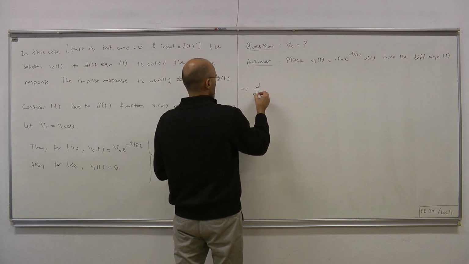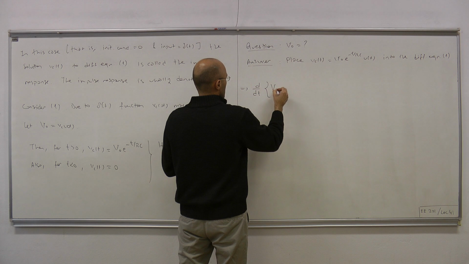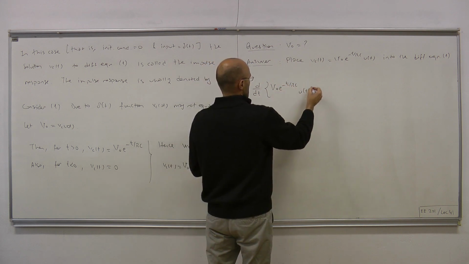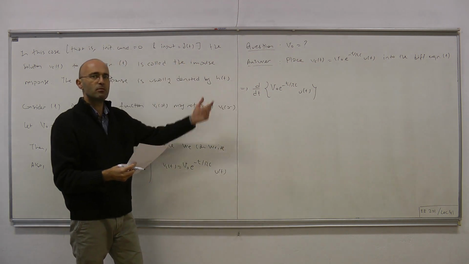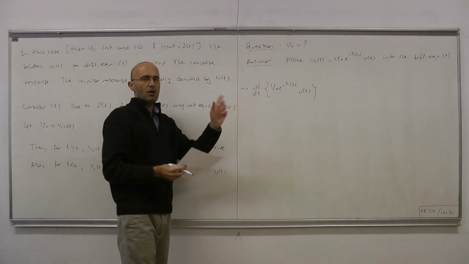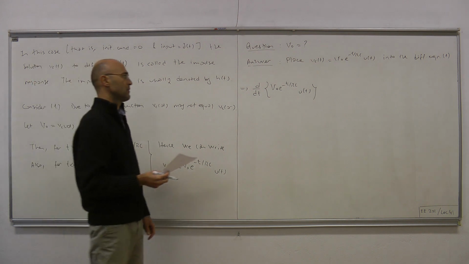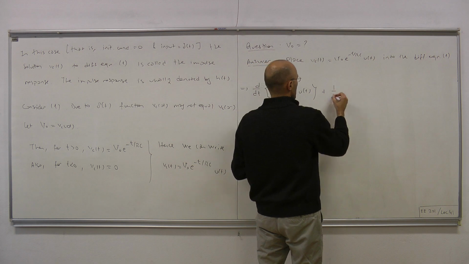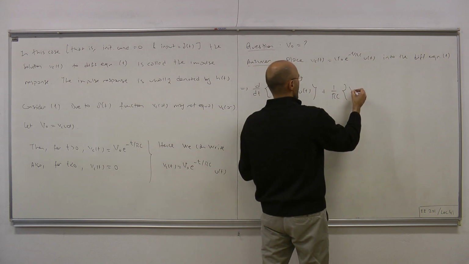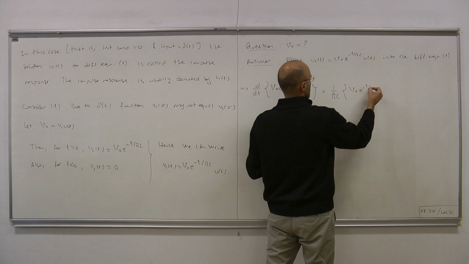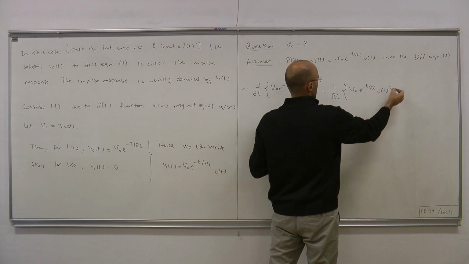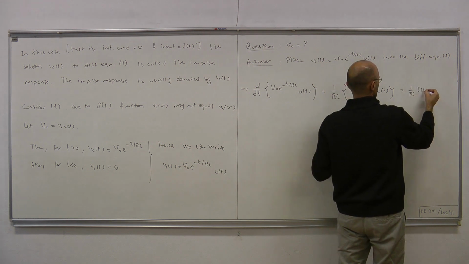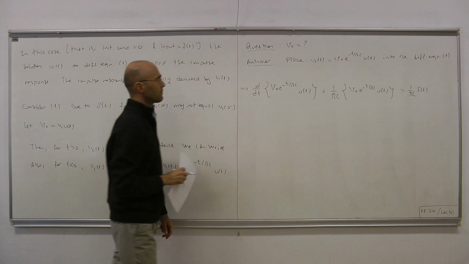So let's do that. This yields the following: d over dt of V0 e to the minus t over RC u(t). So the differential equation was dVc/dt plus 1 over RC Vc equals 1 over RC times delta(t).